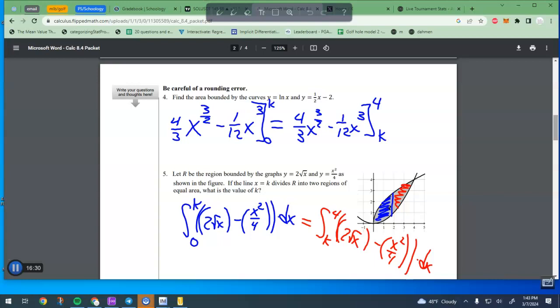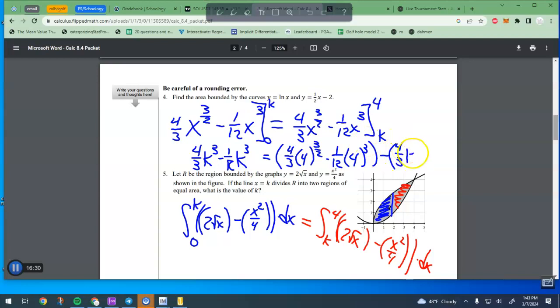So now plug k into this, minus plug 0 in. That's cool because plugging in 0 doesn't change anything. But here, now I got to plug in 4, minus plug in k. And then you got to solve that.